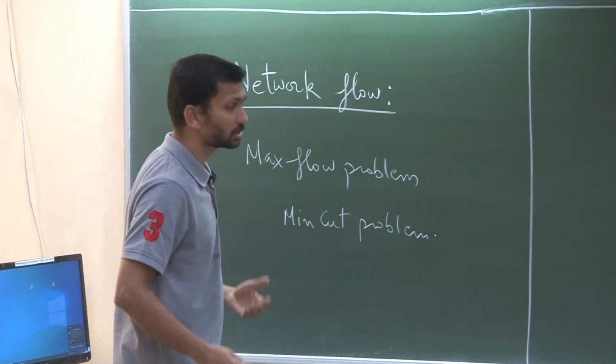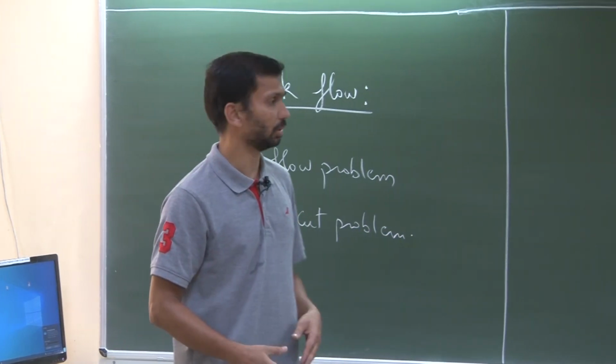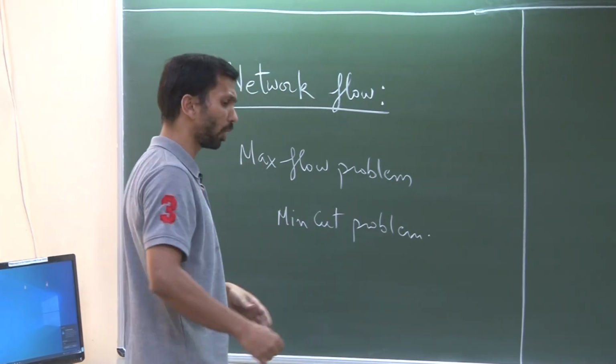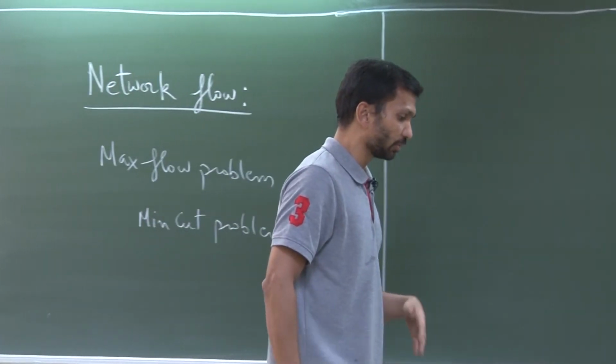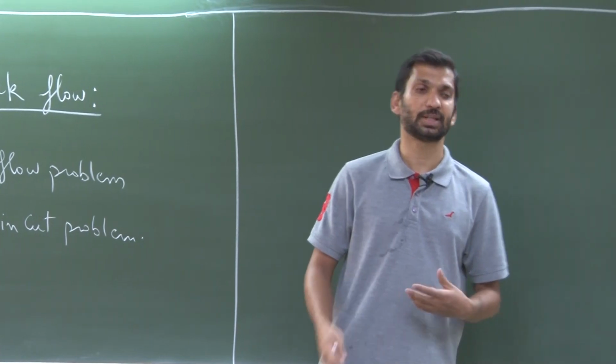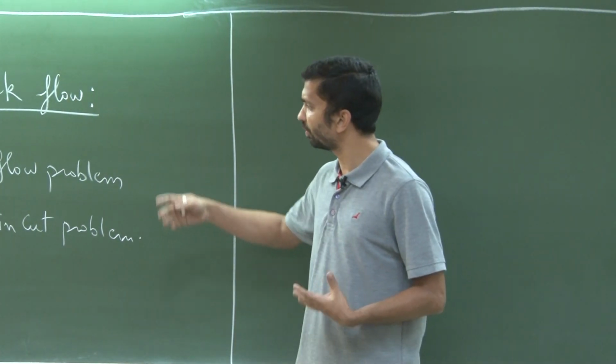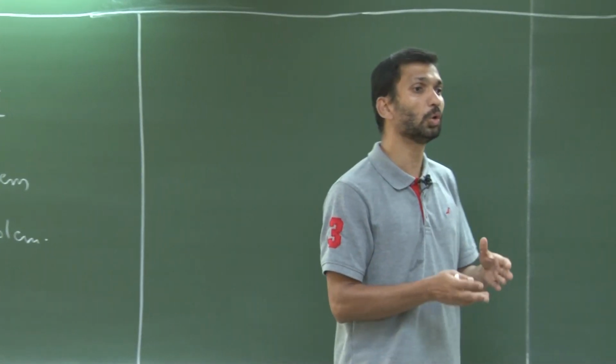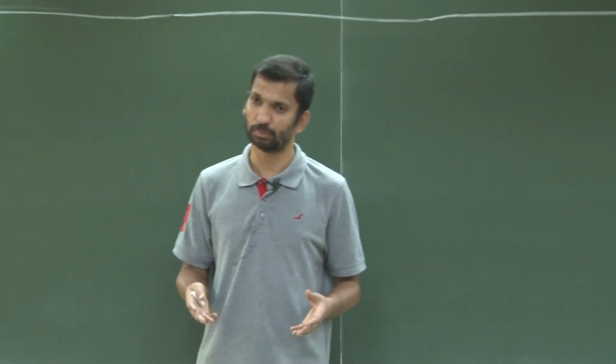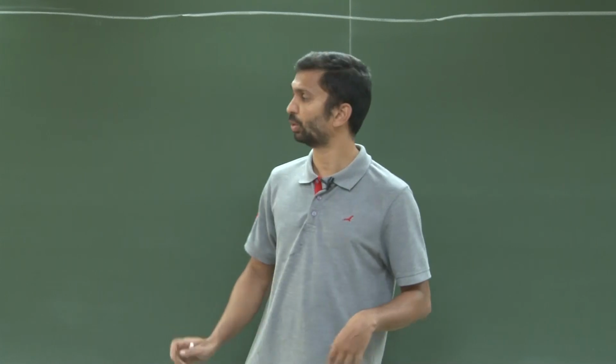These are examples of network flow problems, and were standard problems for which people came up with nice algorithms. Some of the things which we will do might be familiar to you, but we will look at them from the perspective of linear programming. That's what we want to do.